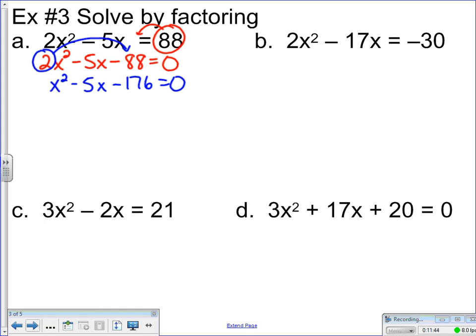Now you may want to use a calculator to help you with this. You can take 176 and start dividing by the numbers 2, 3, 4, 5, 6, and so on until you find the right one that will have a difference of 5.